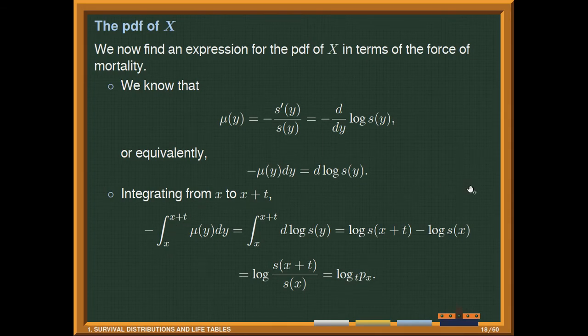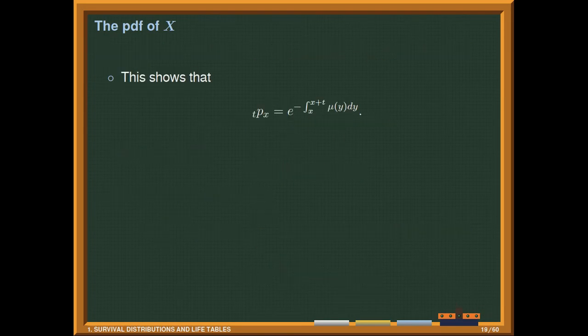Now look what happens. We can get the natural exponential of both sides. Doing that, we get the following form: tpx is equal to e raised to negative of the integral of mu of y dy, where y ranges from x to x plus t.